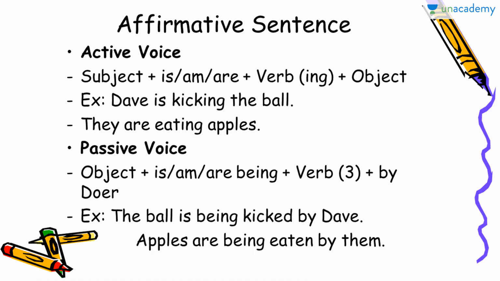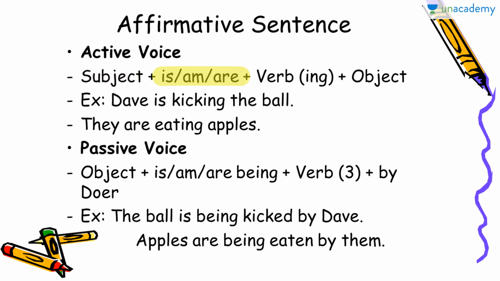Coming on to the first category of sentence, which is affirmative sentence. Now, affirmative sentences are the positive sentences, general statements or facts that we say or write. If we talk about making such sentences in present continuous tense, in active voice it will start with the subject, the one who is doing that action.